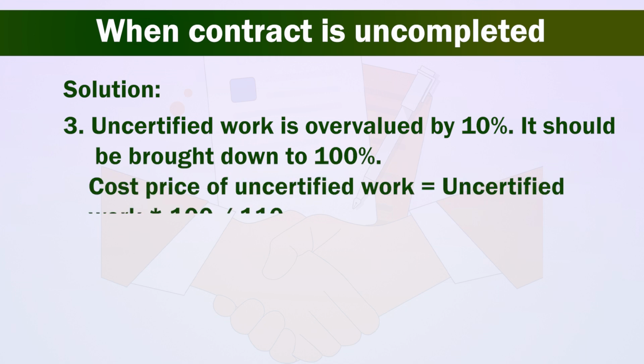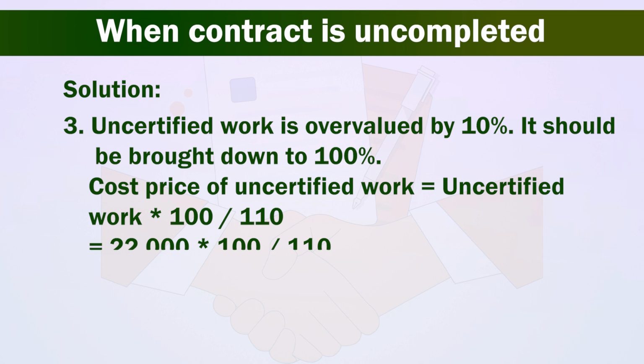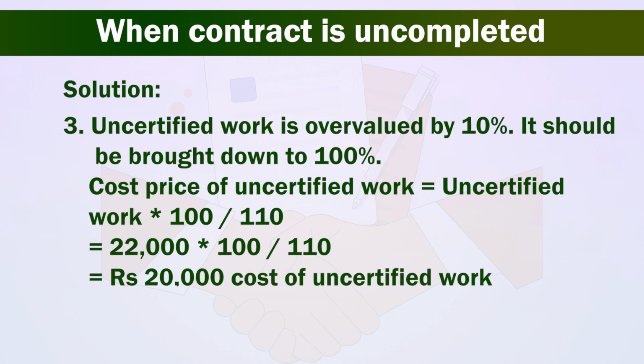It should be brought down to 100%. Cost price of uncertified work is equal to uncertified work into 100 divided by 110, which is equal to 22,000 into 100 divided by 110, which will give us amount as rupees 20,000, which is our cost of uncertified work.